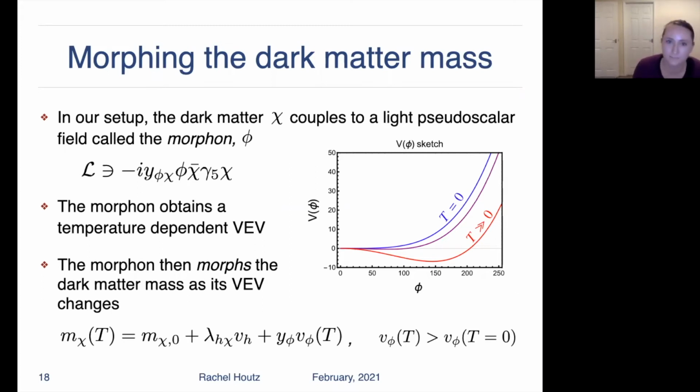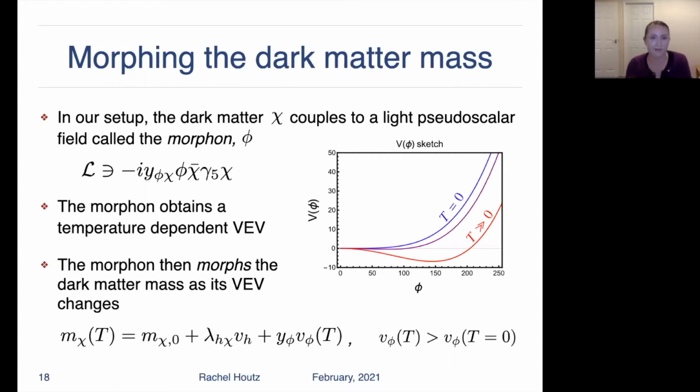In our setup, the dark matter fermion couples to a light pseudoscalar field called the morphon, and it couples via this interaction. For now, I've just given a sketch of the potential for the morphon, but when I specify a concrete model, I can show you something more concrete. The idea is that the morphon obtains a temperature-dependent VEV.